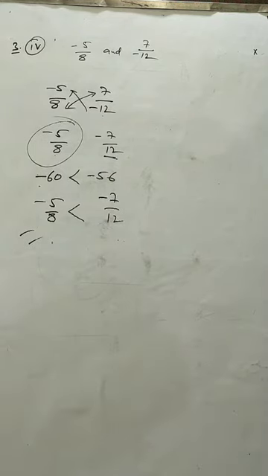Now the next question. Arrange the given rational numbers in ascending order or descending order. That is question number 4. We will solve question number 4.